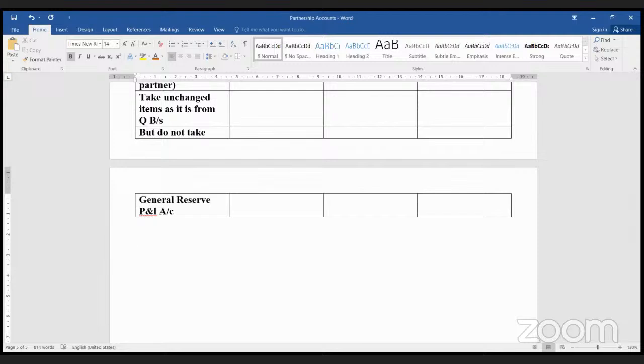And branch accounts, in the previous class I said I would like to conclude that again. Departmental accounts, no, branch accounts. So we did departmental accounts, sir. Departmental accounts we did.